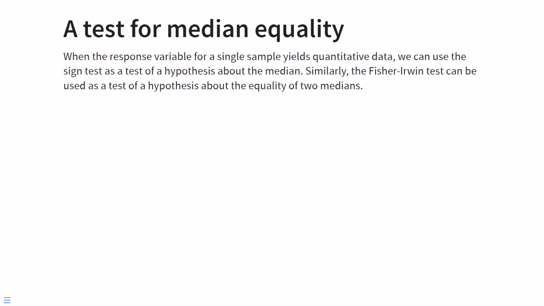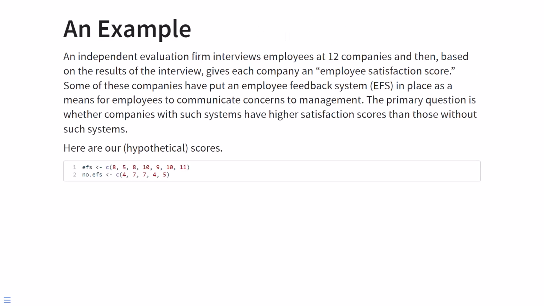In a similar fashion, we can use the Fisher-Irwin test as a test of a hypothesis about the equality of two medians. So it's like using the Fisher-Irwin test as an extension of the sign test. What we did with one sample with the sign test, we can do with two samples with the Fisher-Irwin test. Let's look at an example.